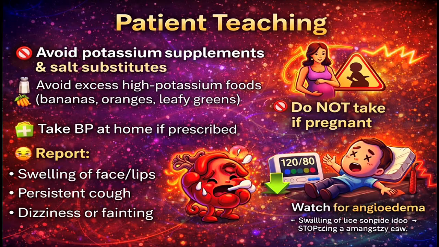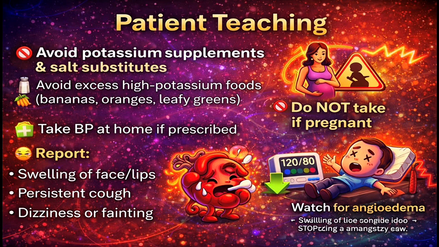Now let's get into what we want to teach our patients. You will also get tested on this quite often. Teach patients to avoid potassium supplements and salt substitutes. Also foods high in potassium such as oranges, bananas, leafy greens such as broccoli. Monitor blood pressure at home if ordered. This is to monitor and see if the dose is correct. Maybe it's not strong enough and they're still experiencing high blood pressure, or maybe it's too low and they're having hypotension.